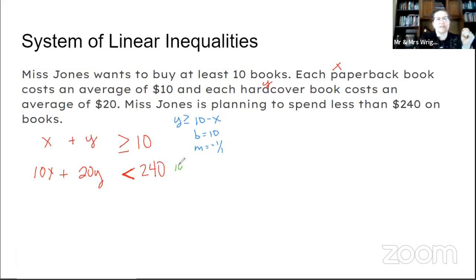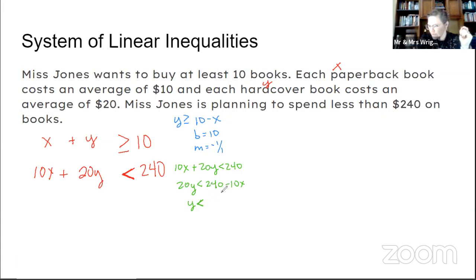We've got 10x plus 20y is less than 240. I want to solve for y, so I'm going to leave that. 20y is less than 240 minus 10x. Okay, now in order to get y by itself, I have to divide by 20. Since it's a positive, my inequality symbol is going to stay the same direction.